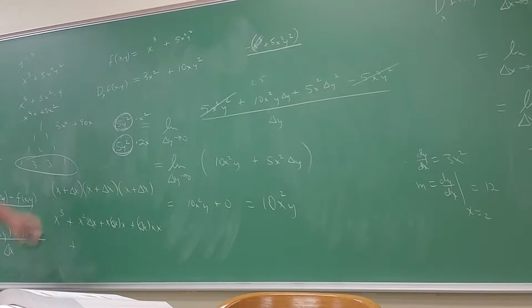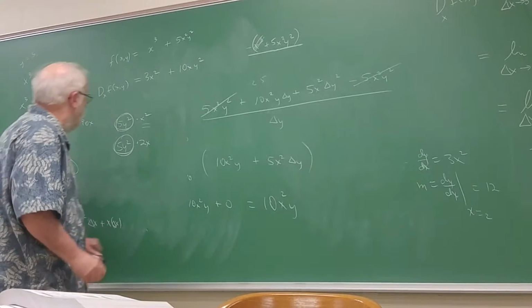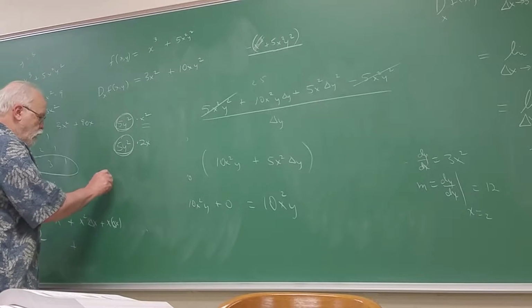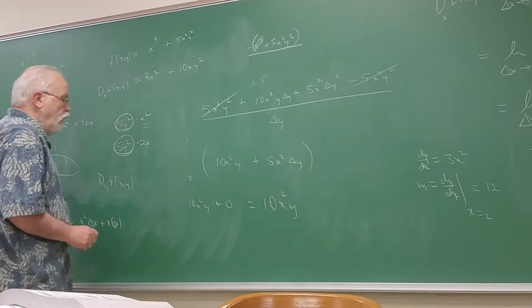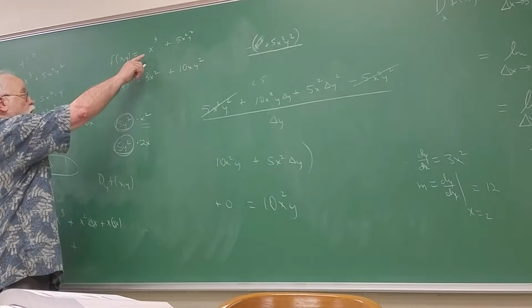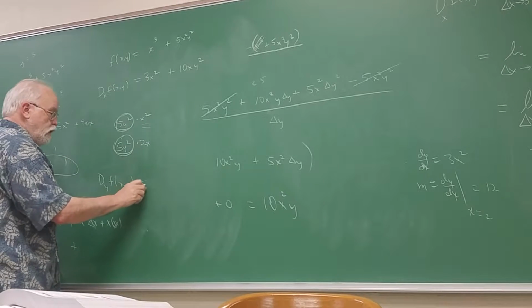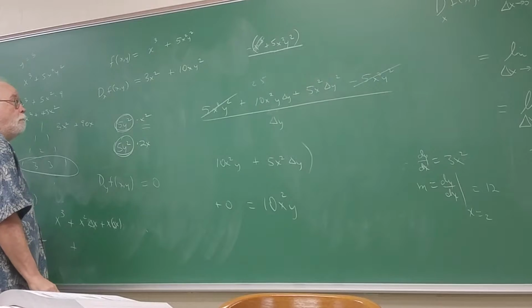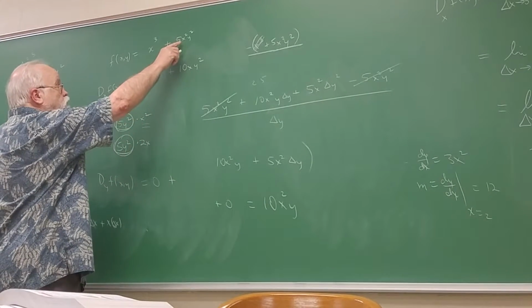But when I do the y partial, d sub y f of x, y, then I get, x is constant, x cubed is a constant. So I get great big old 0. And then, let's see, x squared is a constant.